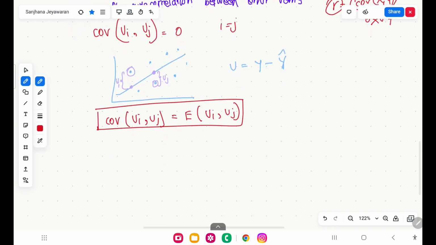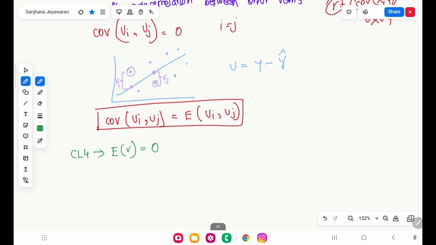Now, in the upcoming assumptions, we will come across the expectation of the errors being equal to 0. You may even remember this: the mean of the error terms should be equal to 0. That is one of the assumptions which we take in CL4.